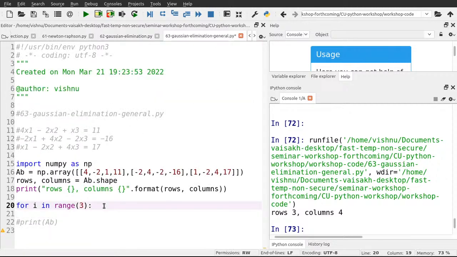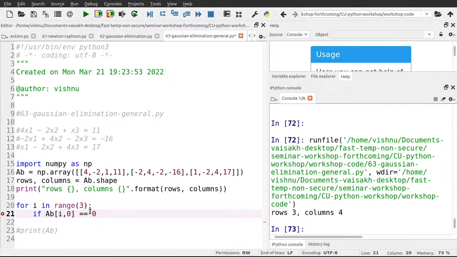I think that's better. So if the matrix is already there with us, we need to go through each and every row. If AB[i][0], so remember that for the first time it's AB[0][0] equal to 0.